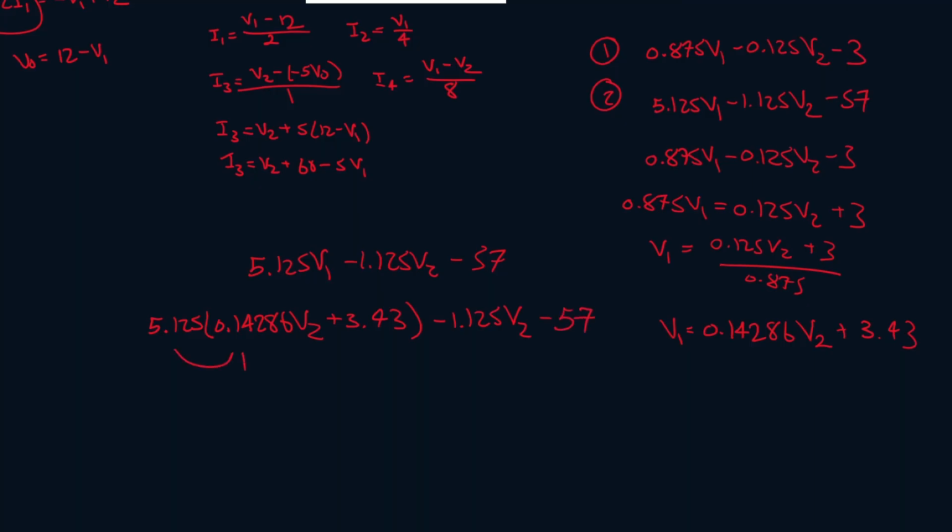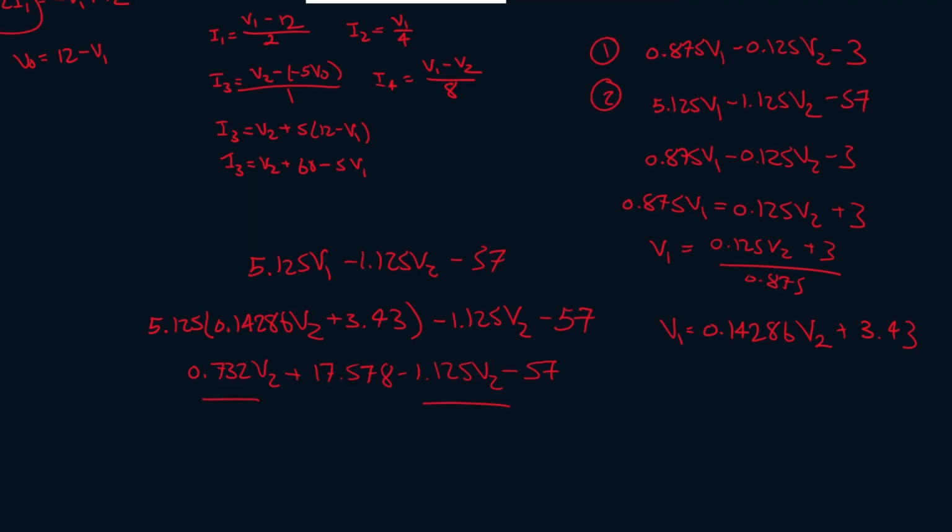Alright, then now let's distribute our 5.125. This gives us 0.732 V2, and then for the second portion, it'll be 3.43 times 5.125. That's 17.578 minus 1.125 V2 minus 57.